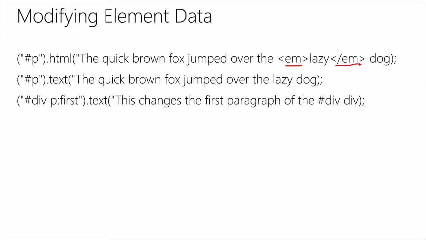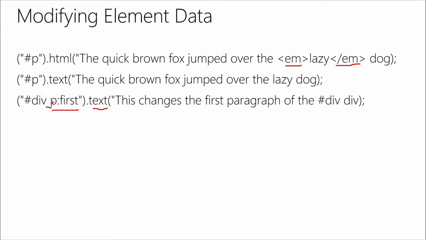My third sample here is if I take a div and I go to the first paragraph in the div, and then I'm selecting the text. So here we see one of those selectors from the last chapter. I can go to a div, and then in that div, I'm going to go to the paragraph and grab the first one in there. And notice here with the space in my selector, that would be a descendant selector.